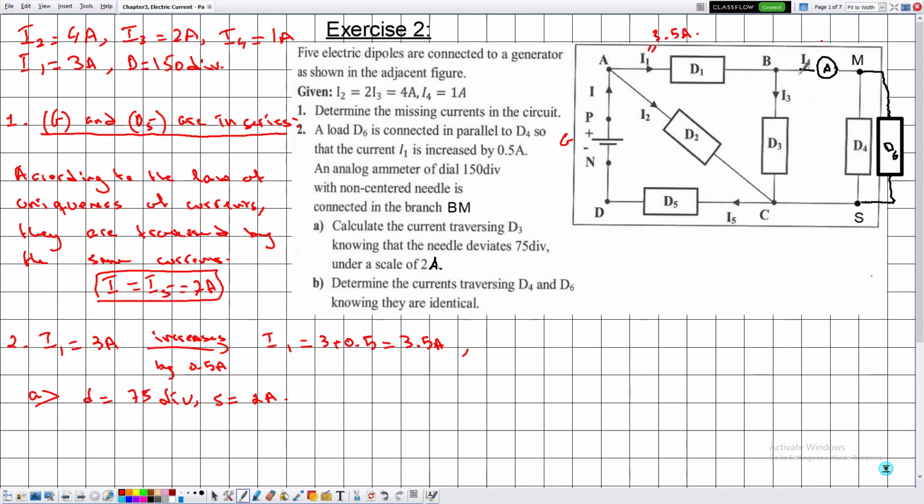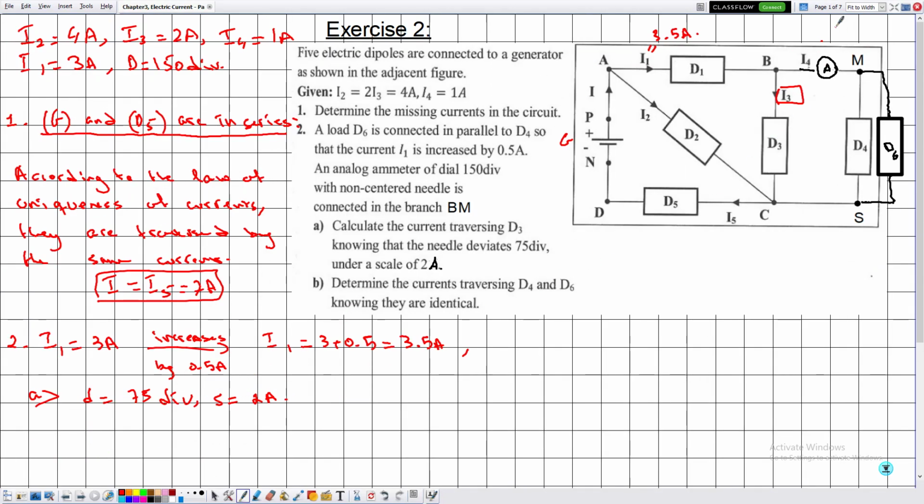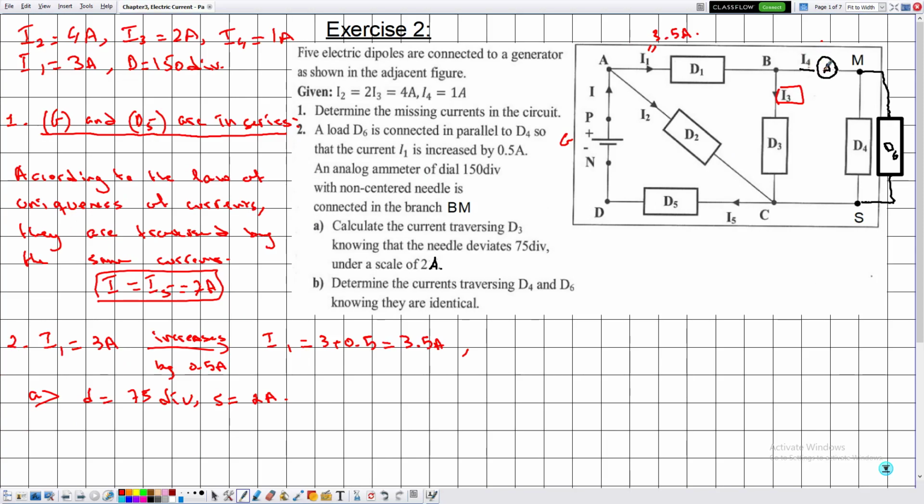So we are interested in determining the value of I3. In order to determine the value of I3, we need to apply the law of addition of currents at the point B, and moreover we need to determine the value of I1 and the value of I4. Already we know the value of I1, which is given by 3.5 amperes. It's left to determine the value of I4. I4 can be determined from the reading of the analog ammeter. So first we need to determine the reading of the ammeter.